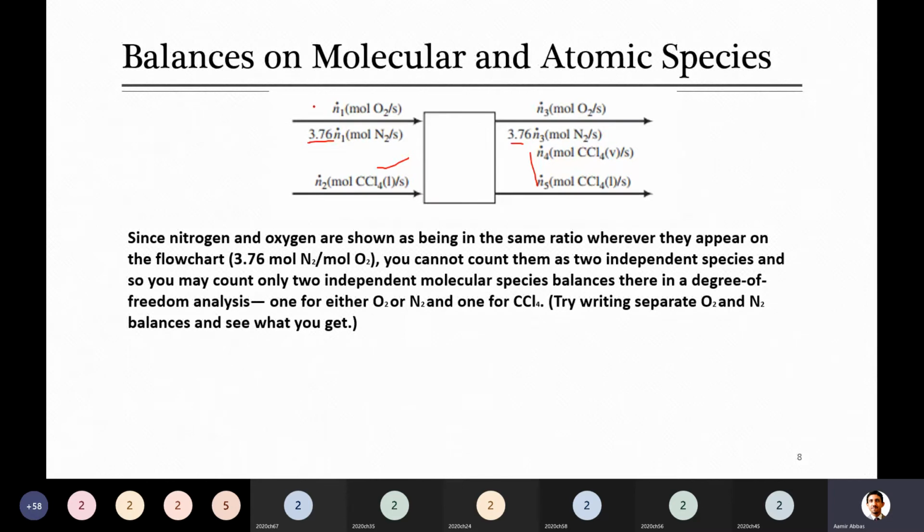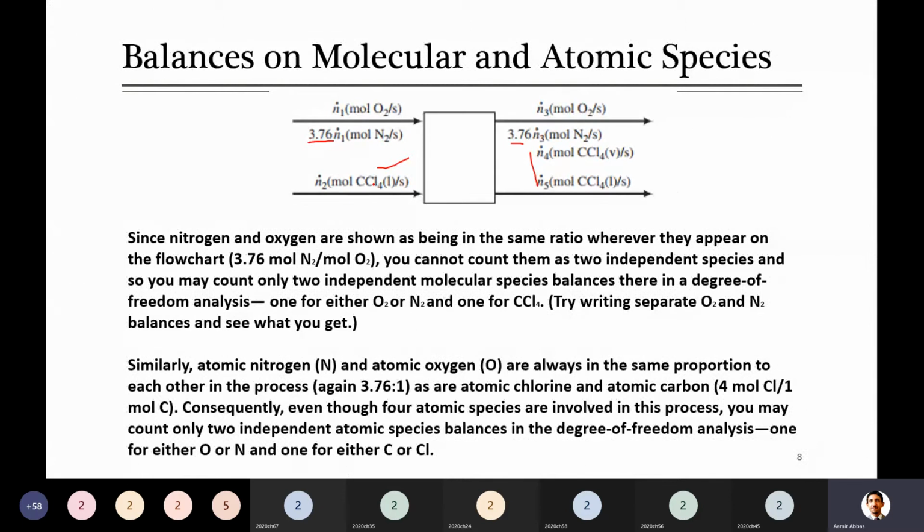At the end of the day, just write these four equations, and you will conclude that only two equations are independent, because the oxygen and nitrogen equations are dependent on each other, and the carbon and chlorine equations are dependent on each other. Just try it later on and let me know if you face any issue.